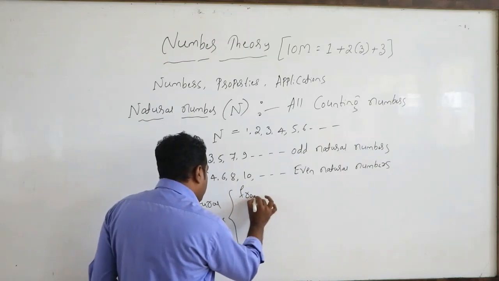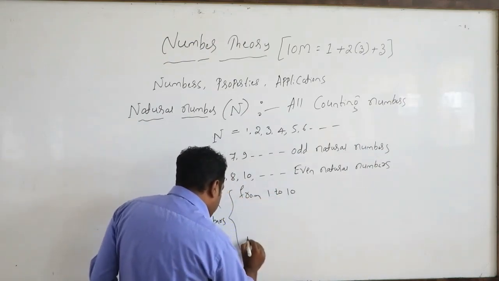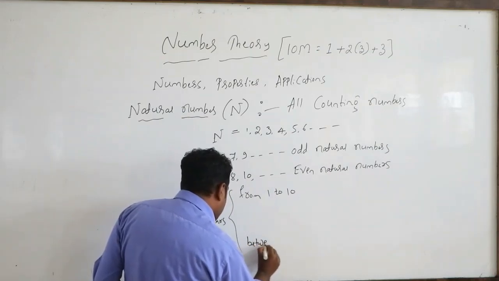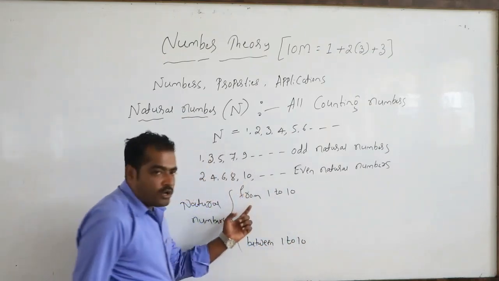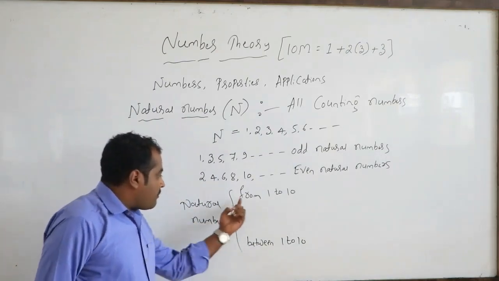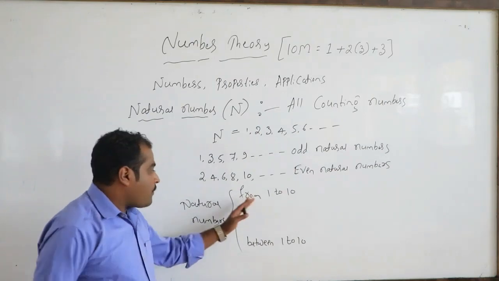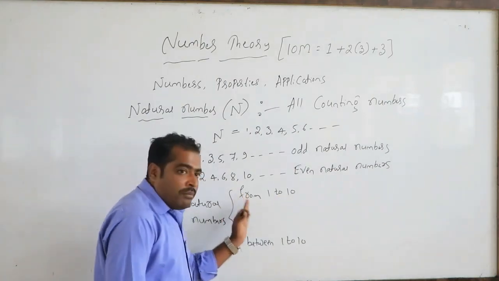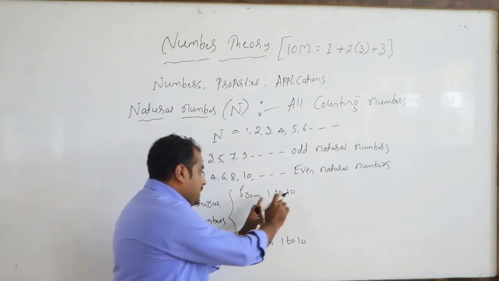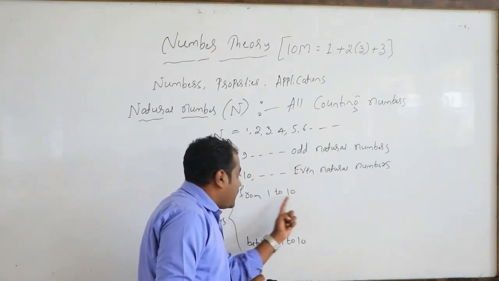Here, from 1 to 10, and between 1 and 10. Important. What does from indicate? What does between indicate? From 1 to 10, from means the end points should be considered, including 1 and 10.